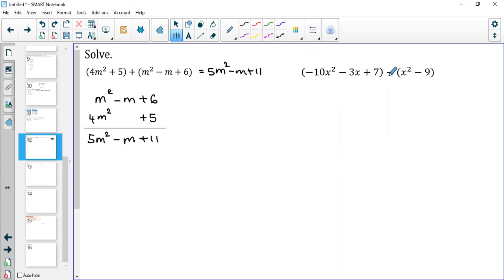Now this is a subtraction question. For subtraction questions, you have to be a bit careful, because this negative sign has to be given to each of the terms which are inside. Negative alone means there is a 1. So we need to multiply the negative 1 with each term inside the parenthesis.